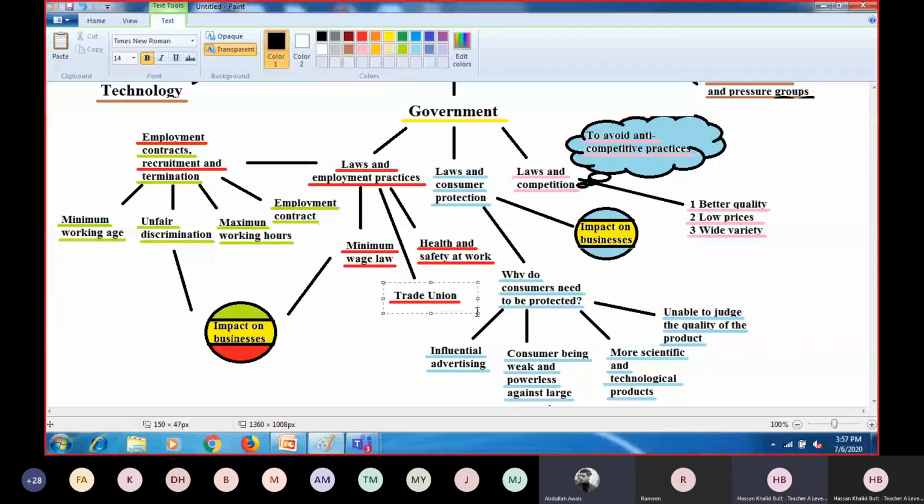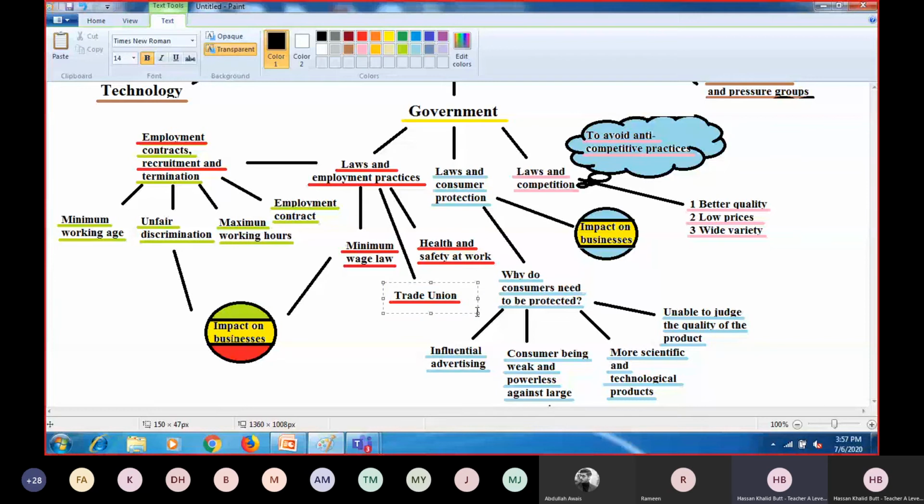Very good. Absolutely right. They may demand higher wages for the workers, and the business has to increase wages because now there are lots of workers behind it in the form of a trade union. So it may increase the cost. Or because of reduced working hours for the workers, now they have to hire more workers.